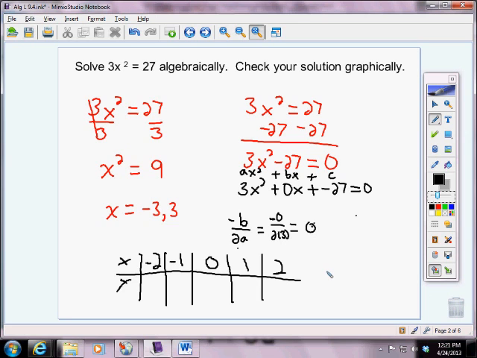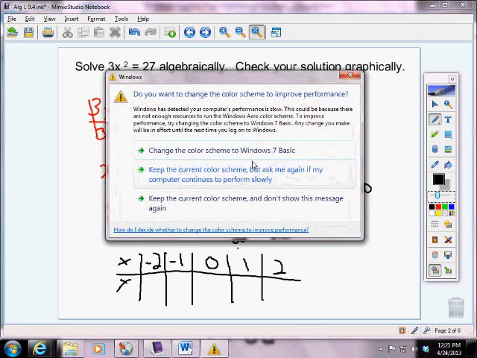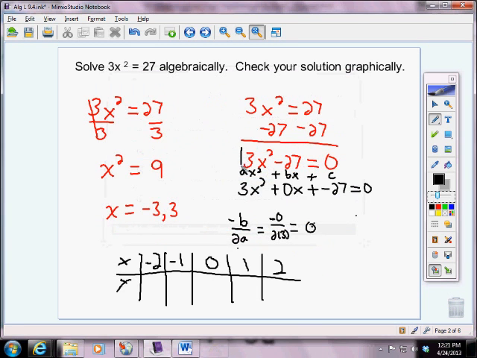So if I get my calculator out here, I'm going to use our formula right here, and plug those numbers in for x. So I'm going to go 3 times -2 squared minus 27, and I get -15.